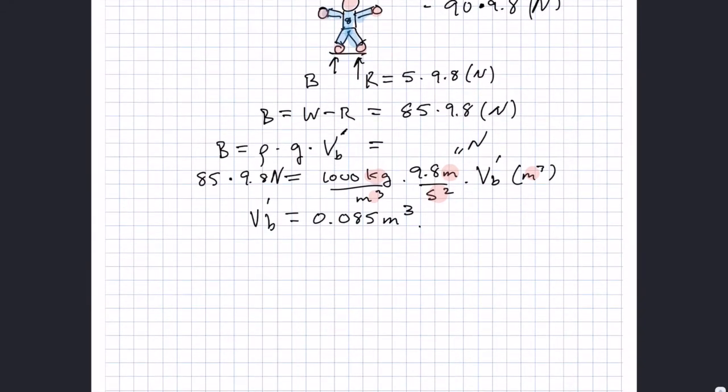All right, so next I need to subtract off the volume that's held in the lungs. Okay, so I know that I have 1.5 liters in the lungs, and in 1 liter I have 1,000 milliliters. Okay, and then in 1 milliliter I have 1 cubic centimeter.